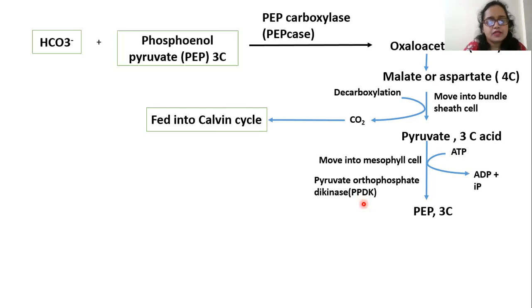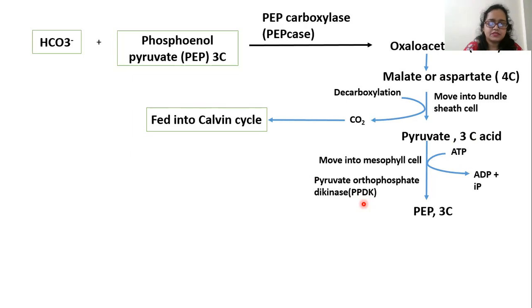So we can say there are some differences between the C4 and C3 cycle. First, the important thing is that the C3 cycle is common to all plants. It means it occurs in all the plants. But in some plants, there are some adaptations in order to make them adaptable to their environmental conditions.